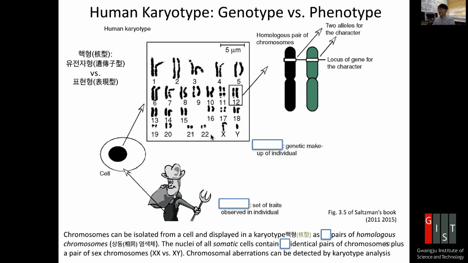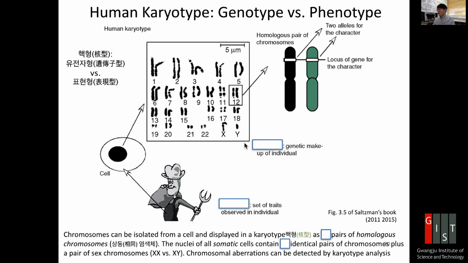So with this, we can start to look at some of the genetic heritable diseases. These chromosomes can be isolated from a cell, and we can display them in a karyotype. It's very simple. You just look at them and then sort them based on the length. 1, 2, 3, 4, in shorter order.